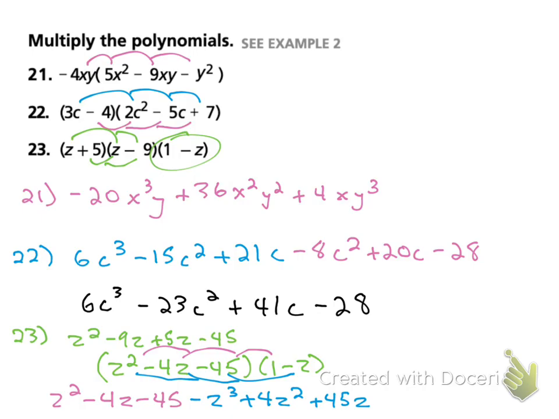And I will combine like terms. I'll have, in order, negative z cubed, then 5z squared, and then 41z, and then minus 45.